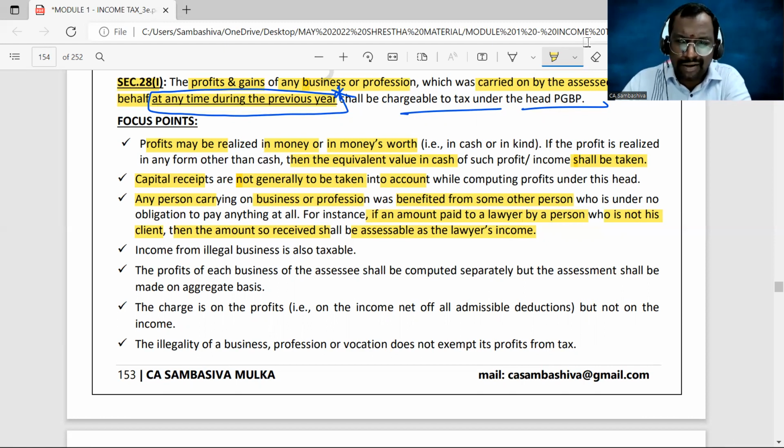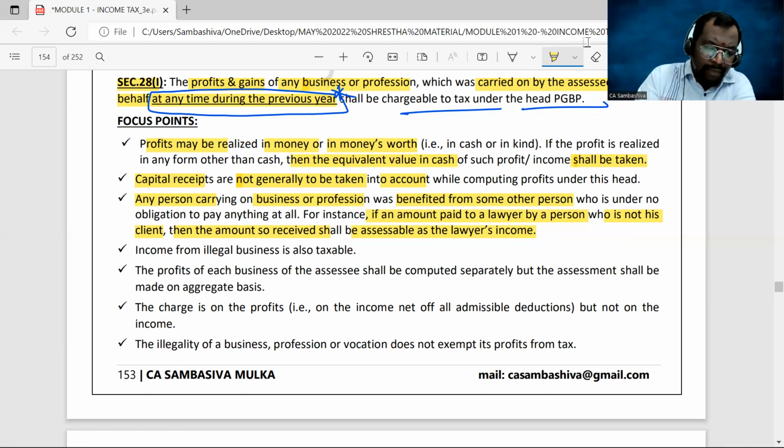Will you take it or not? Definitely you will. Ultimately, the important point here is whether we received the business income or not, whether we received the professional income or not. That is what is ultimately important. Are you following? Whether you are receiving from the concerned person or not, that is irrelevant.